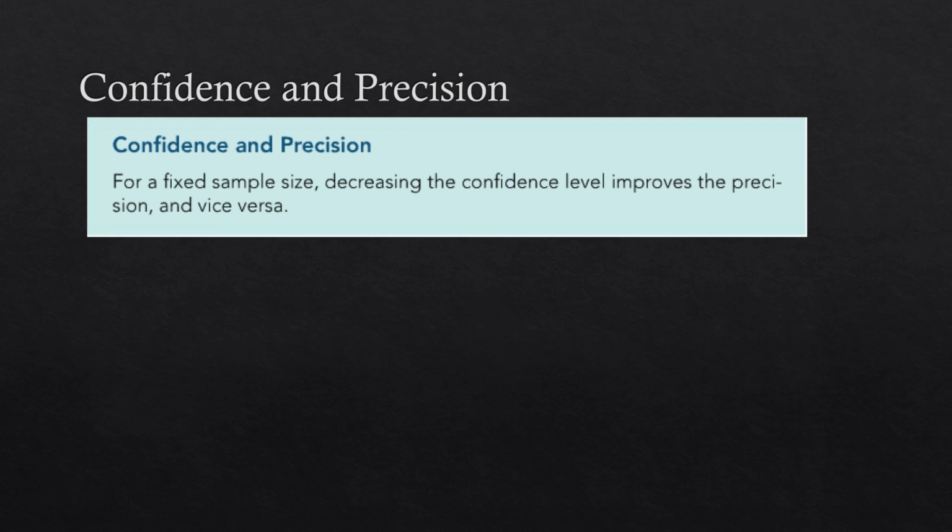Okay? Let me say that one more time. Decreasing the confidence level improves your precision. Basically, it's this. The confidence level of a confidence interval signifies the confidence that we have that the mean is actually in that interval.